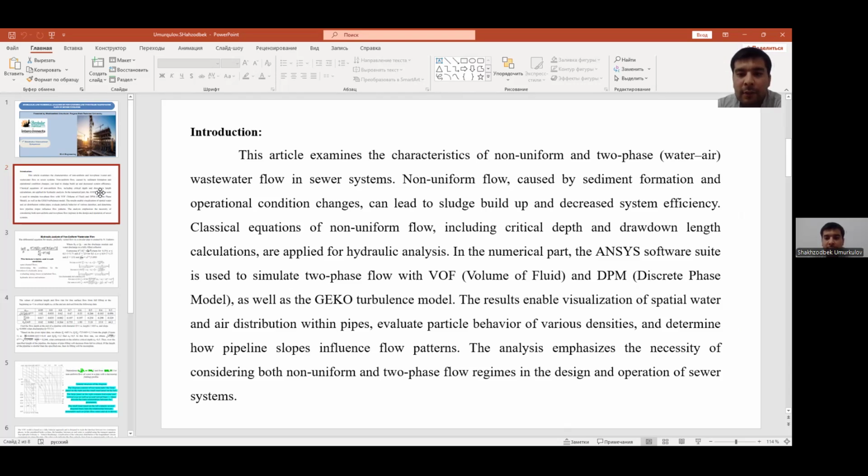The results enable visualization of spatial water and air distribution within pipes, evaluate particle behavior of various densities, and determine how pipeline slopes influence flow patterns.